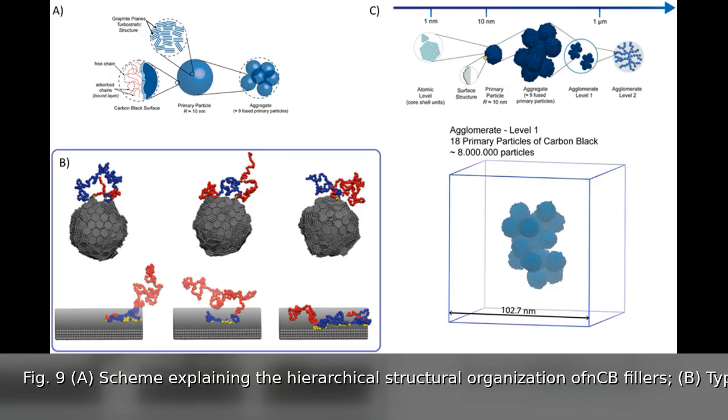Primary particles cluster into aggregates typically consisting of 9 to 10 units with radii near 30 nanometers. This hierarchy critically influences miscibility and dispersion in polymer composites, as well as the interfacial properties. Panel B compares conformations of polymer chains adsorbed on CB surfaces with those on idealized flat surfaces, demonstrating the importance of realistic CB morphology.